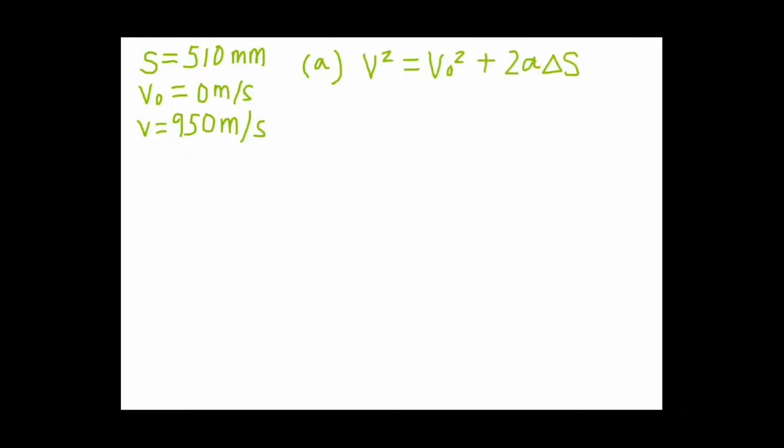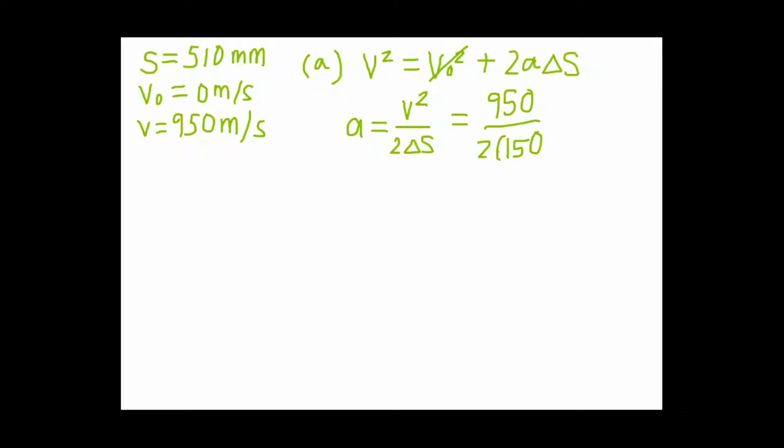Absolutely. So we can rearrange this equation to find the acceleration, where a will be equal to v squared over 2 delta s. And we do not account for v naught because it is 0, so it just cancels out. When you put the quantities in, we get 950 squared over 2 times 0.510, my bad.